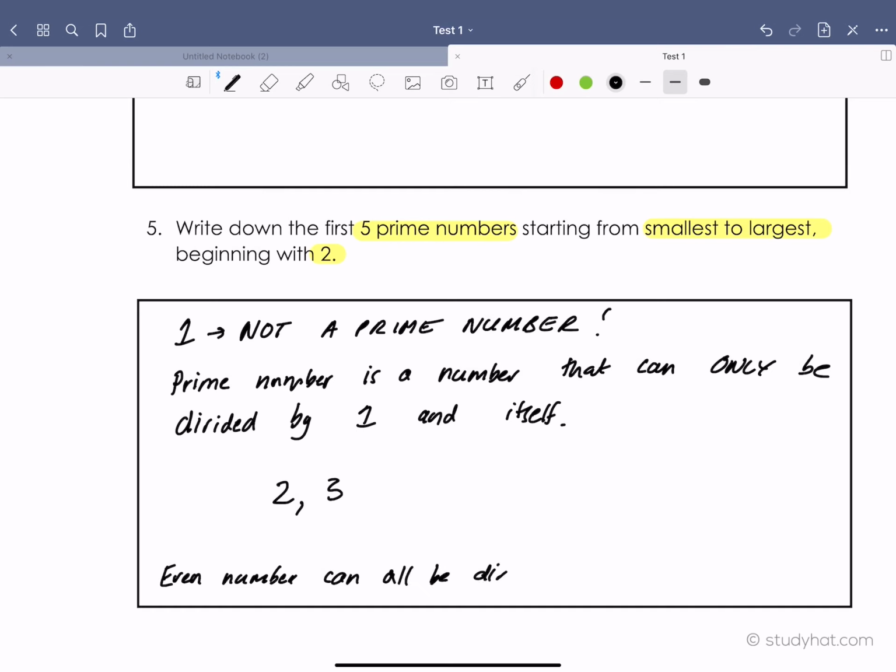So we're going to ignore those. 4, we will ignore. 5, we can consider. 6, we're going to ignore. 7, that's good. 8, we will ignore. 9, no. 9 can be divided by 3, so we can't include that. We ignore 10 because it's even. And our next one is 11. So these are the first 5 prime numbers.